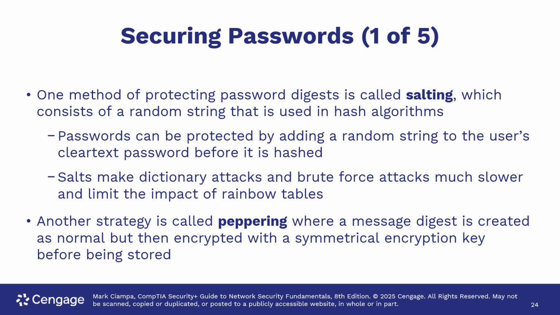And just like you would add salt to food to add flavor, you're using a random string that's added into that hash algorithm. Passwords can be protected by adding a random string to the user's clear text password before it's hashed. So salt makes dictionary attacks and brute force attacks much slower and limits the impact of what are called rainbow tables.